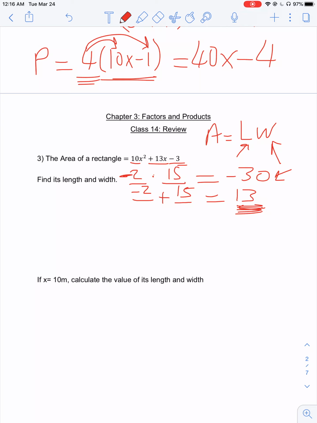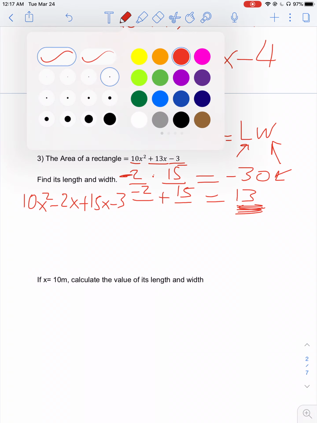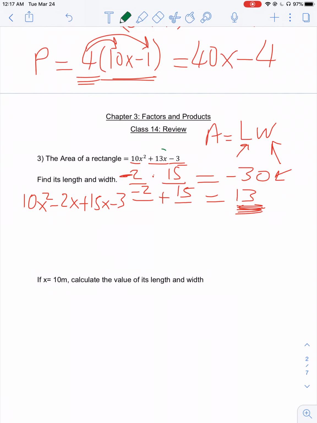So now let's factor this. So if I factor this, this becomes 10x squared minus 2x plus 15x minus 3. Again, all I did was I replaced this 13x in an intelligent way, okay, with minus 2x and plus 15x.